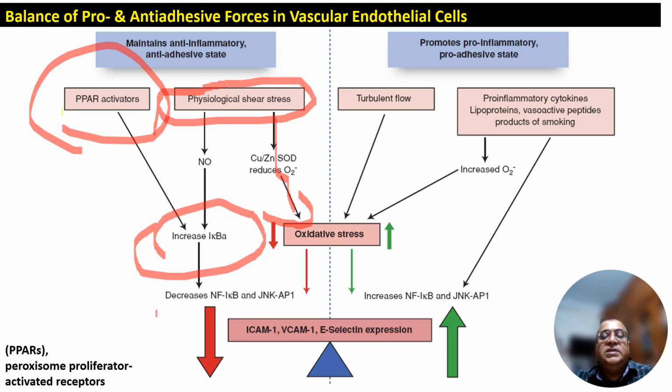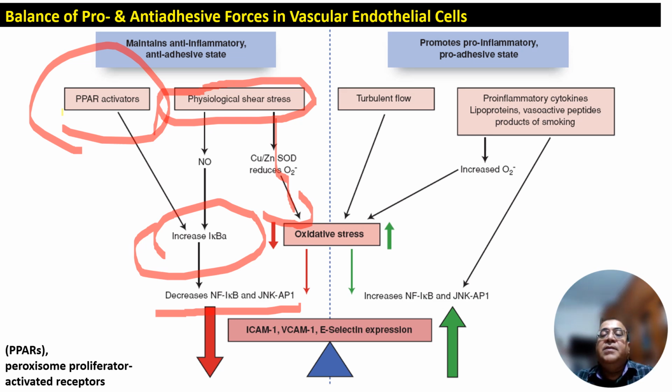So there is a decrease in the signal transduction pathway of nuclear factor kappa B, and the JNK-AP pathway is also decreased.